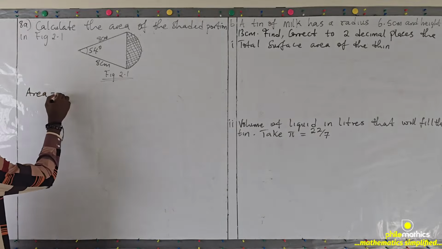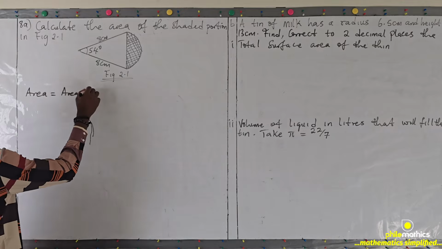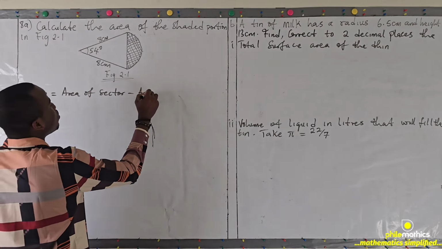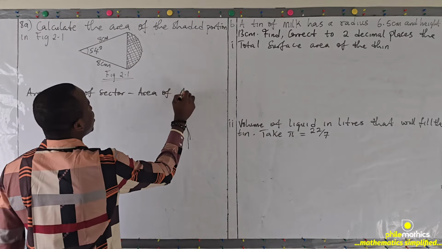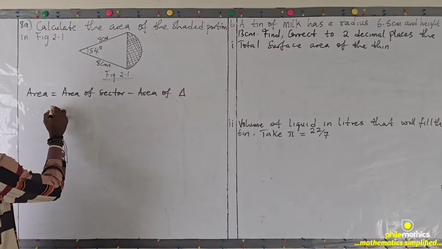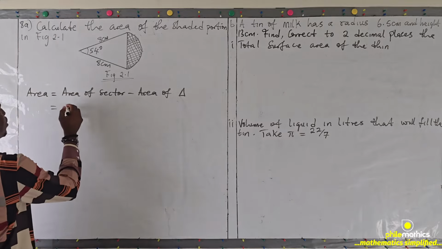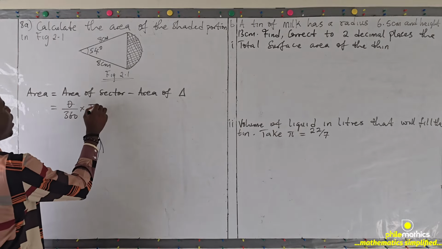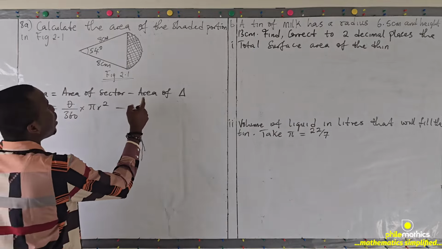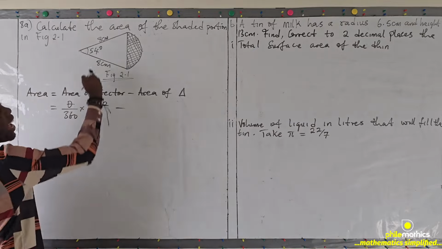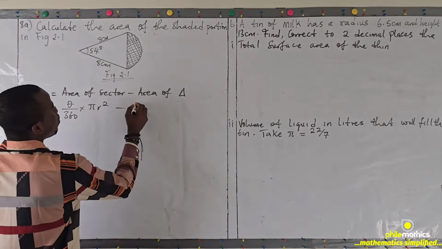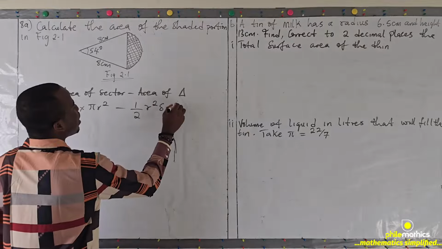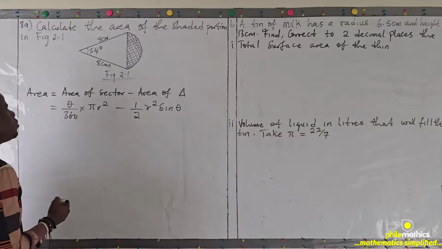Area will be area of sector minus area of triangle. Recall the formula for area of sector is theta over 360 times pi r square, minus area of triangle with included angle, which is given as 1 over 2 r square sine of the included angle.